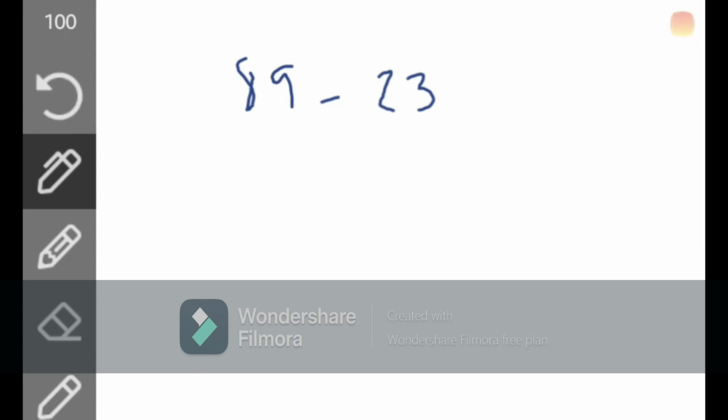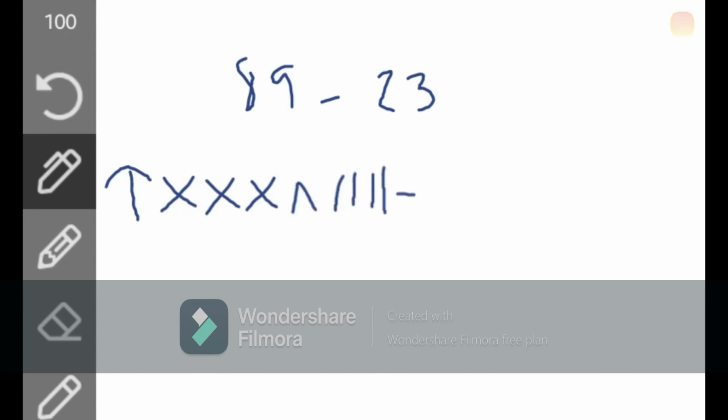The symbol for 89 is 1 symbol for 50, 60, 70, 80, 85, 86, 87, 88, 89, minus the symbol for 23: 10, 20, 21, 22, and 23.